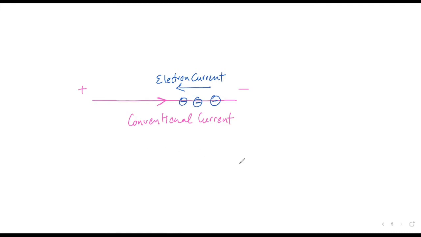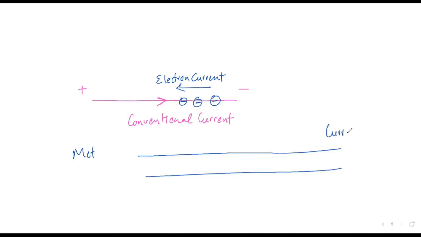Please understand that there is something called, okay, let me take a simple example. Whenever we discuss a current carrying wire, have you seen a wire? Yes, sir. Do you know what the wire is made up of? Copper, I guess. Copper. Shabash.